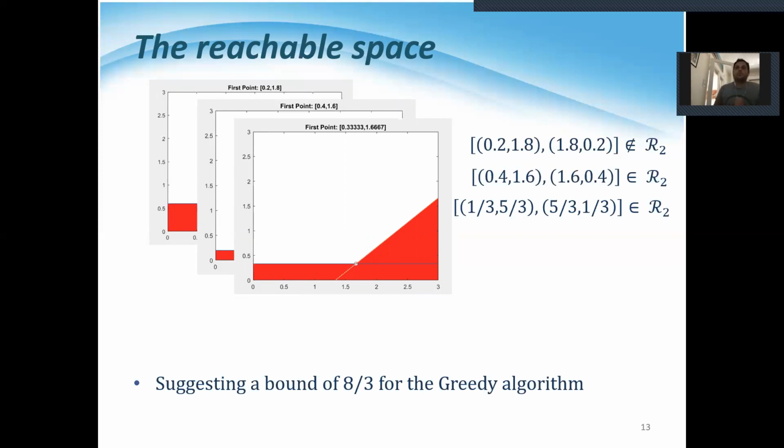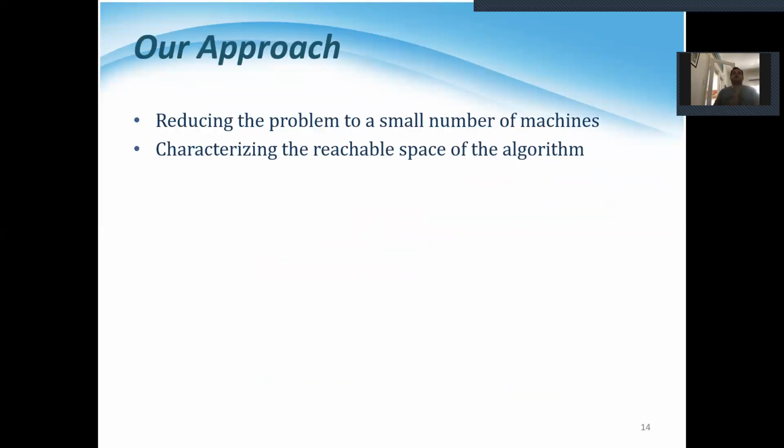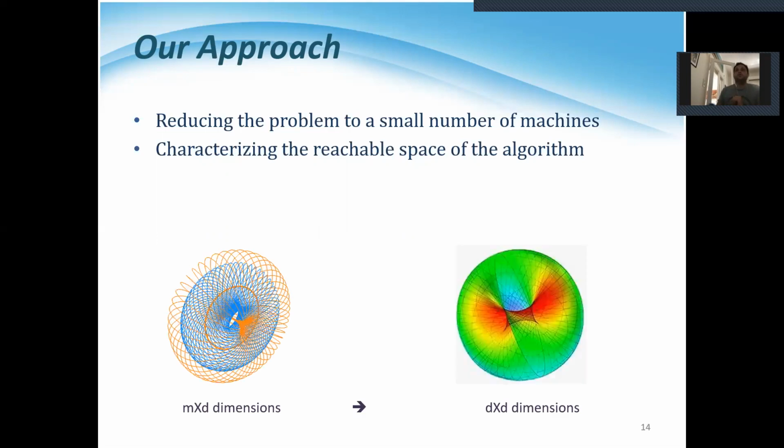Okay, so before I present our result, I will first introduce our approach for small dimensions. It is first to reduce the problem for an arbitrary number of machines to a small number of machines. And then we characterize the reachable space of the algorithm, and using some properties that we prove, we show a lot of interesting results.